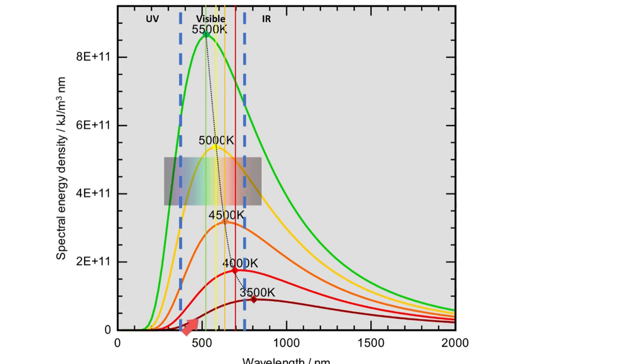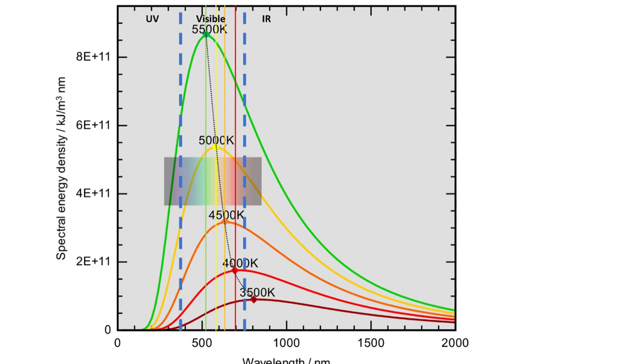Here's a black body of 3,500 Kelvin, here's a black body at 4,000 Kelvin, at 4,500, at 5,000 and 5,500. Now note that the peak wavelengths are moving to the left.